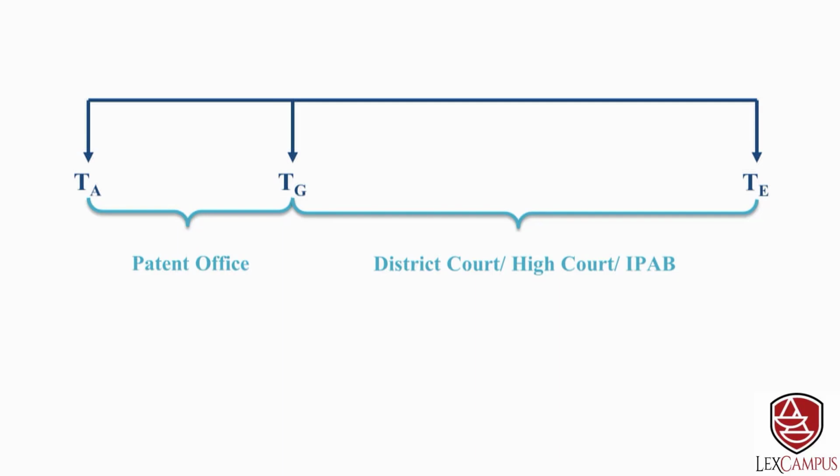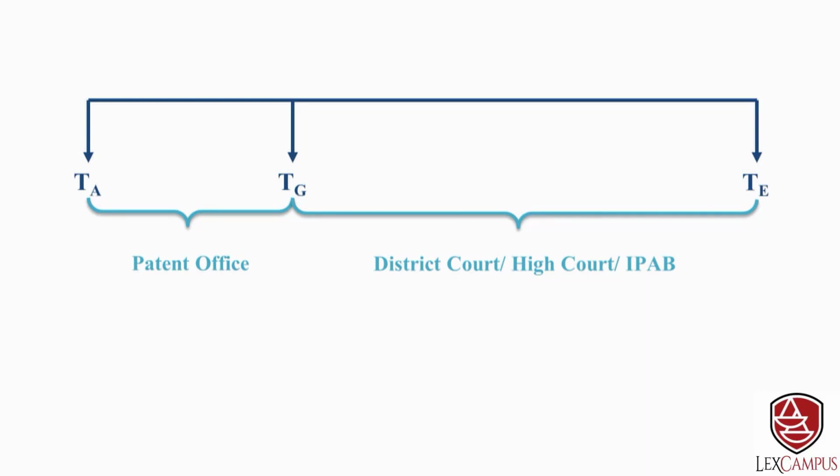So, the patent office can look at certain things that happen soon after the grant or which are related to grant. For instance, compulsory licensing can happen any time between TG and TE, but still because it is a procedure at the patent office, you will find that it is mentioned after section 82, but nevertheless it is considered as a patent office procedure.